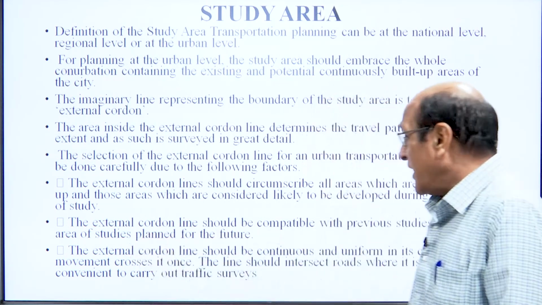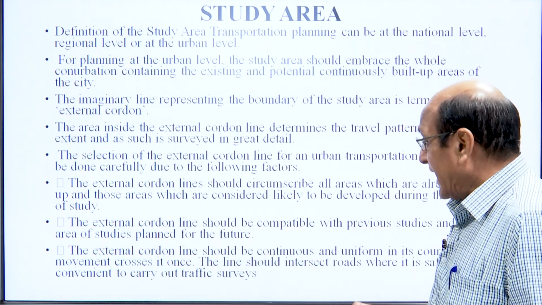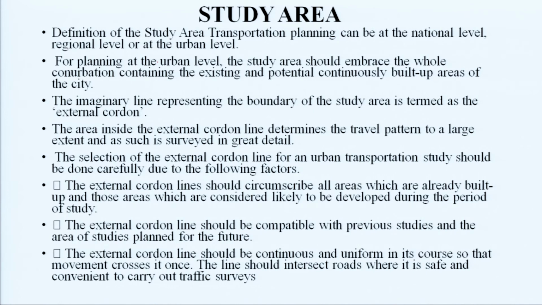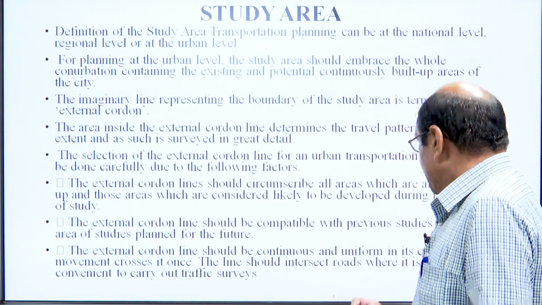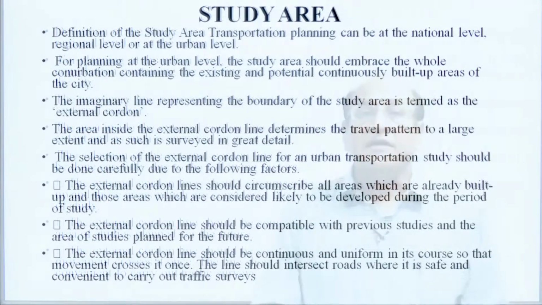The external cordon line should be continuous and uniform in its course, so that movement crosses it only once. The line should intersect roads where it is safe and convenient to carry out the traffic survey.